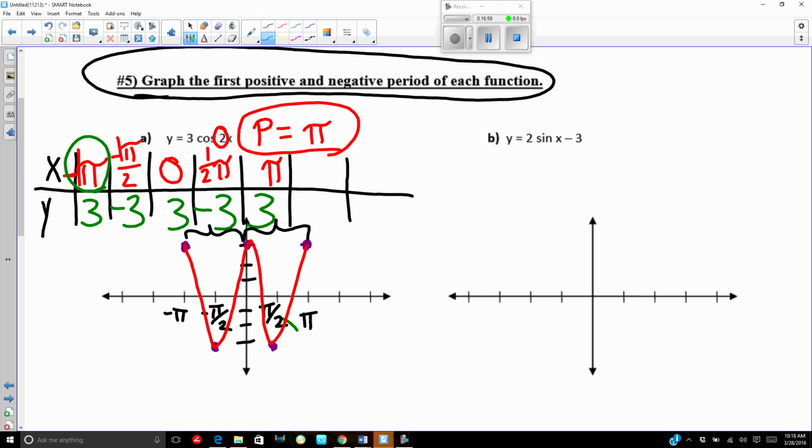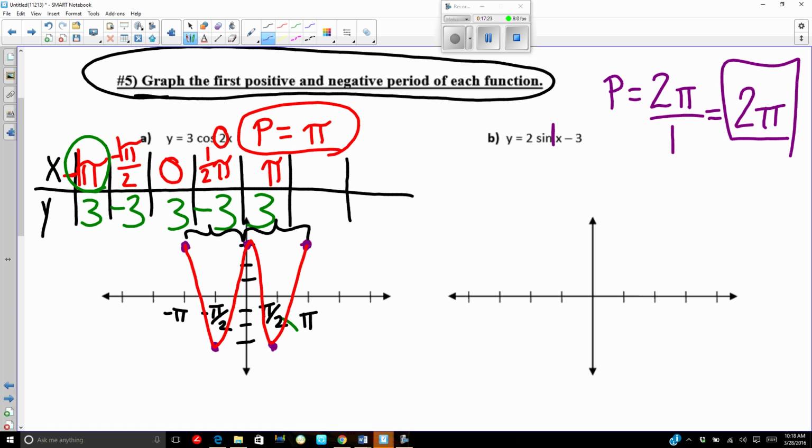Similar process for part B, but again, you need to find the period first so you know how far to go out with your x-axis. The period for this one is 2 pi divided by the b value, which is 1. So the period for this graph is 2 pi.